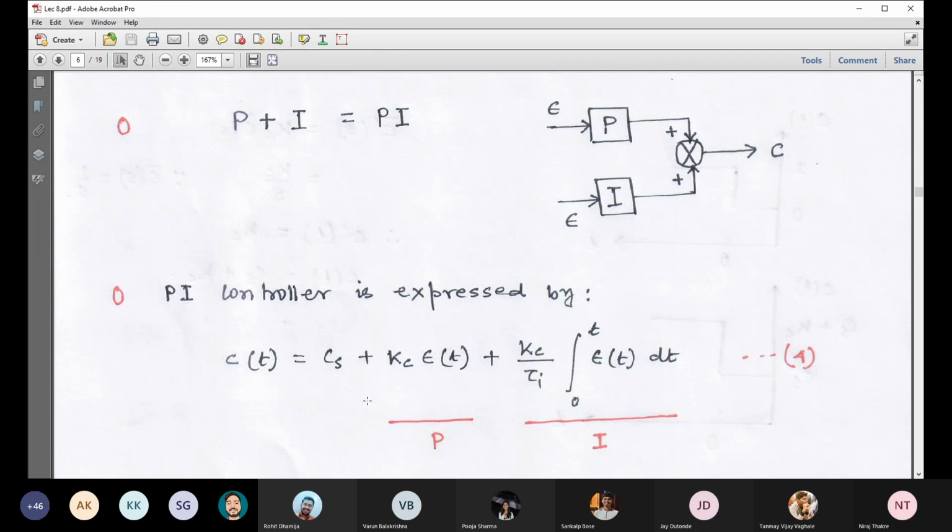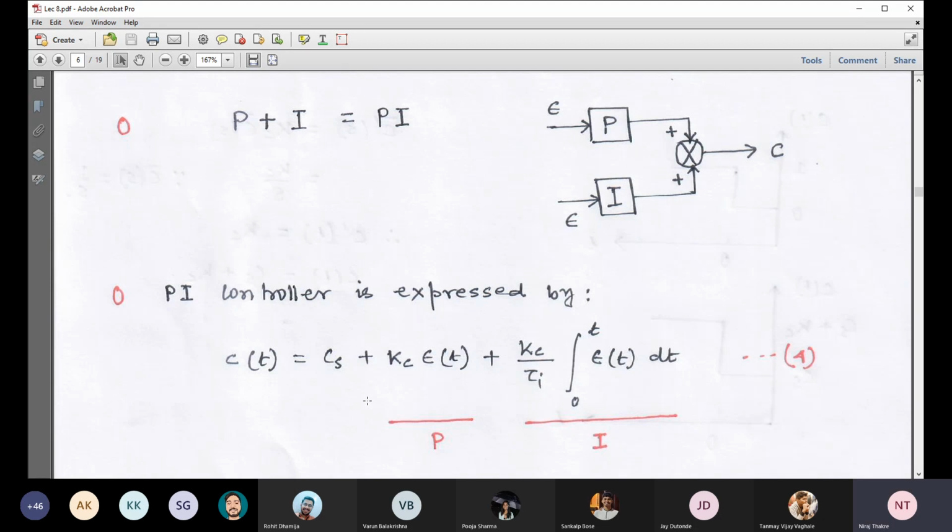Cs is our steady state value, or bias signal, then Kc epsilon, that is the proportional action, is added, and additionally we have one integral action.